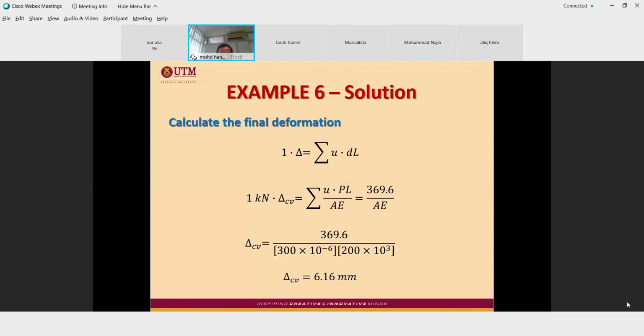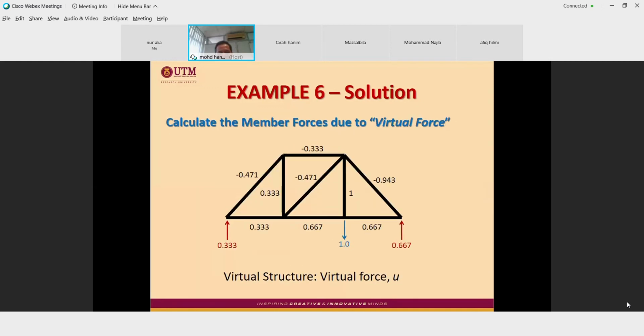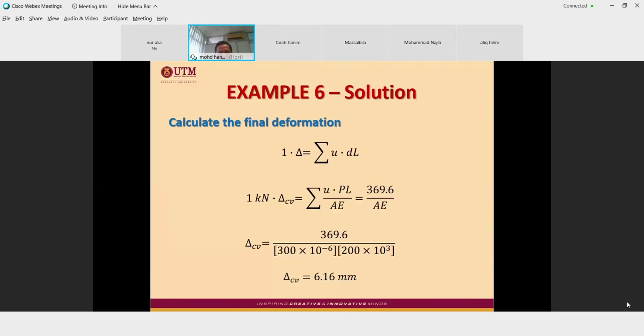If you use millimeter, then you have to be consistent using millimeter in all calculations, and also Newton or kilonewton. But what is U? U is 1 unit load. What is the unit of U? No unit. Just unit load.